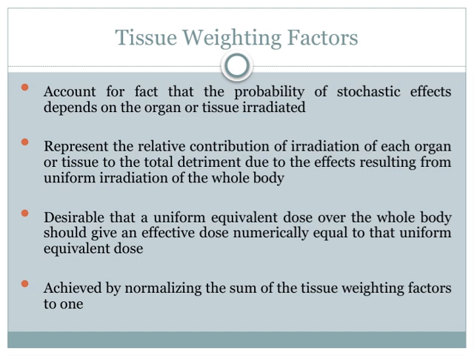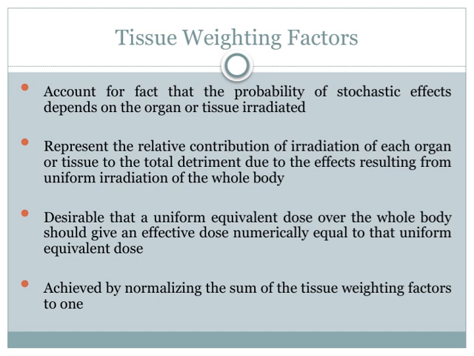Ideally, if the whole body is uniformly irradiated, the effective dose we calculate should numerically match the uniform equivalent dose. In other words, the measure we use should accurately reflect the biological impact of that dose, regardless of whether the dose is spread evenly or concentrated in specific areas. To achieve this, we normalize the sum of the tissue weighting factors so that they add up to 1.